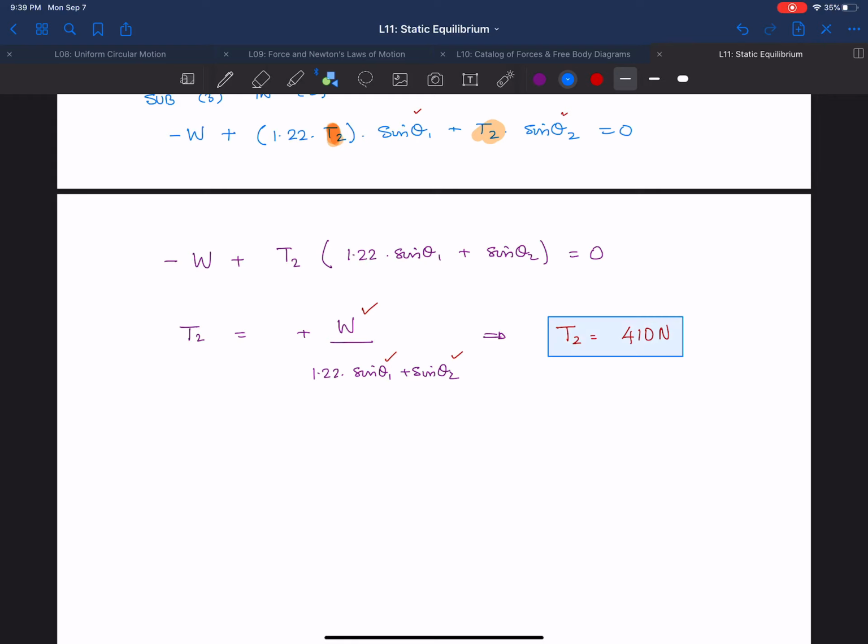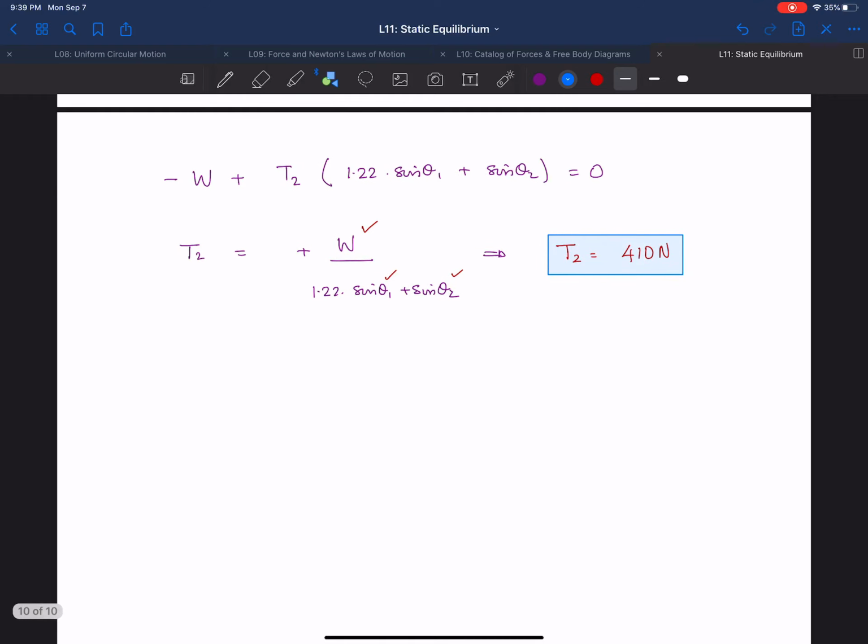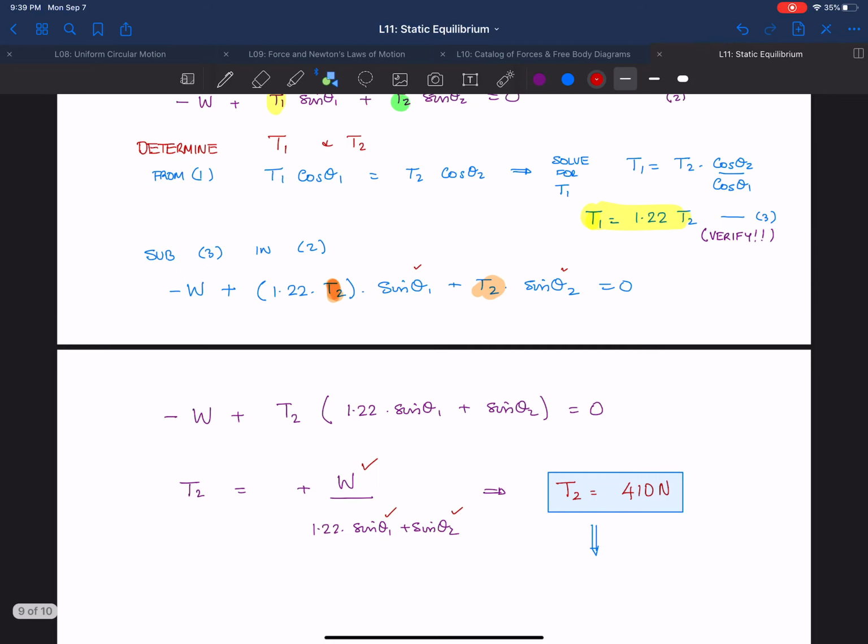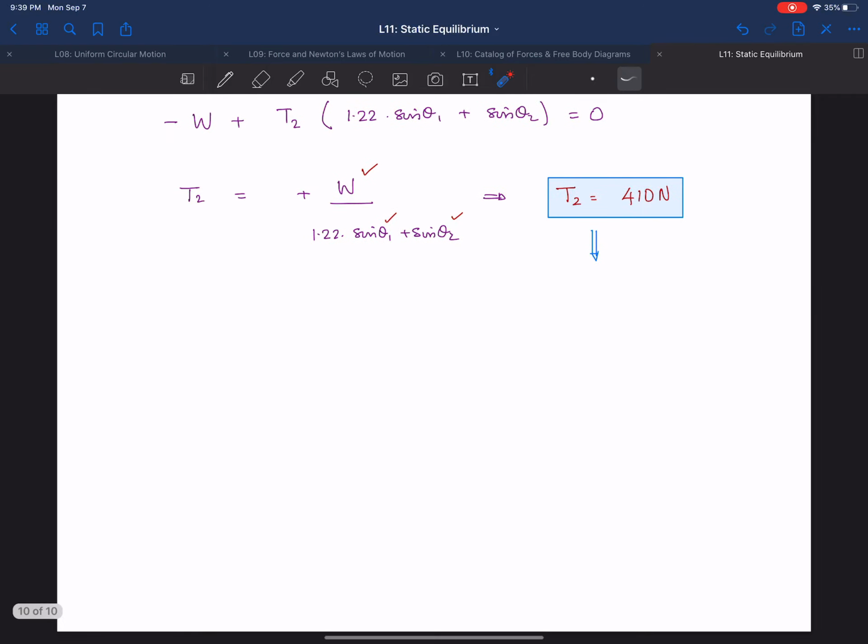Once you have T2, you can go back to equation 3 and figure out T1, which comes out to be about 500 newtons. And that wraps up this problem.